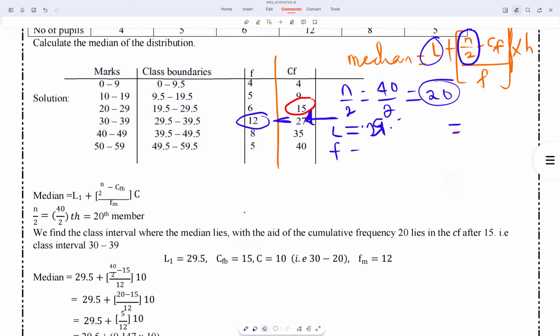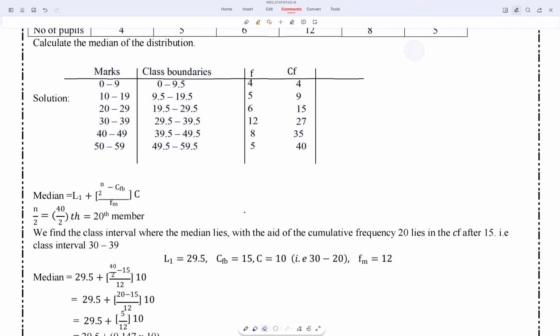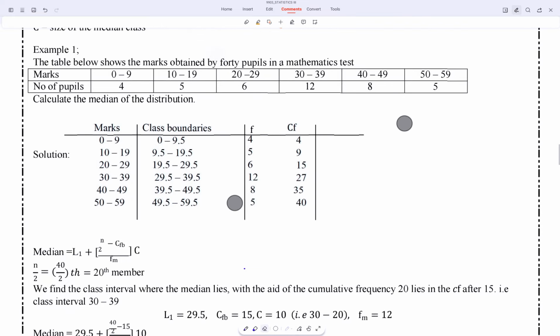I'm just trying to clean this to avoid any form of confusion. So now that we have been able to clean this off, let's look at a new example. All right, why is my example not loading now?